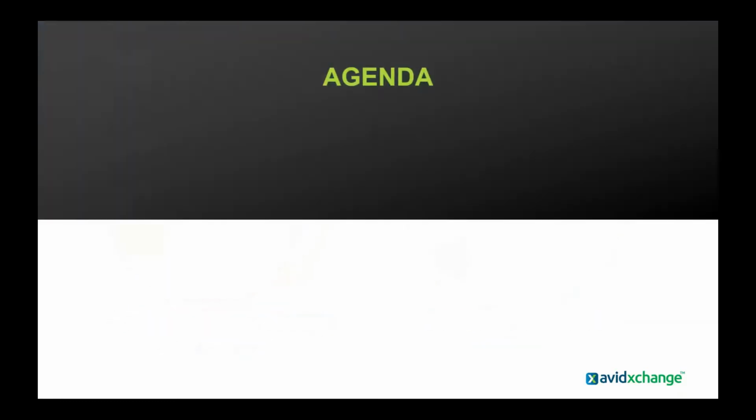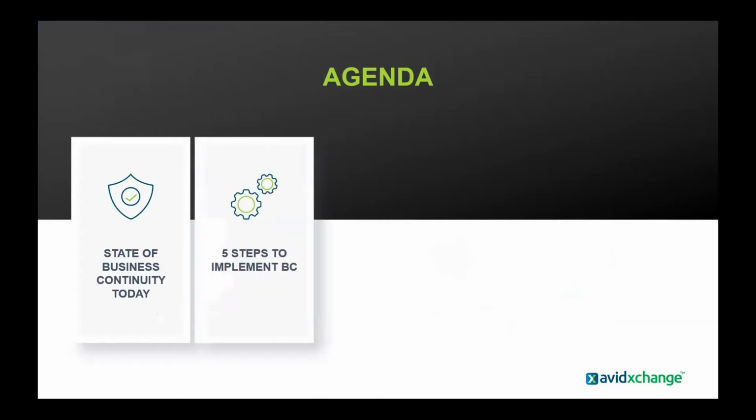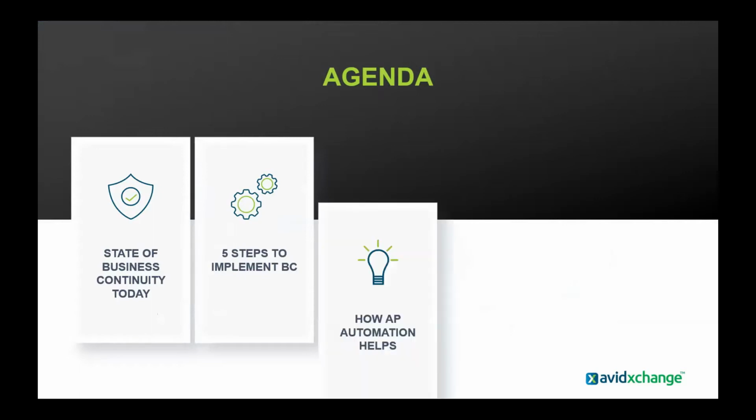So our agenda is going to be talking about the state of business continuity today and having a very candid conversation around what we're seeing at Oasis in the marketplace today, how we're helping our almost 500 clients operate in what is the new normal here. We're going to talk about the steps to implement a business continuity plan.